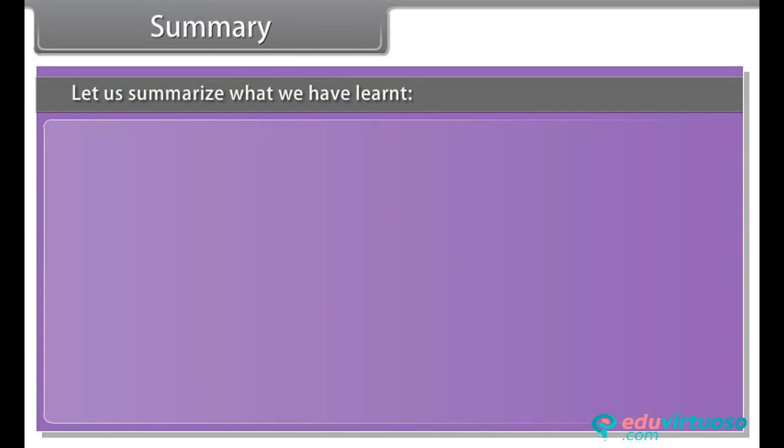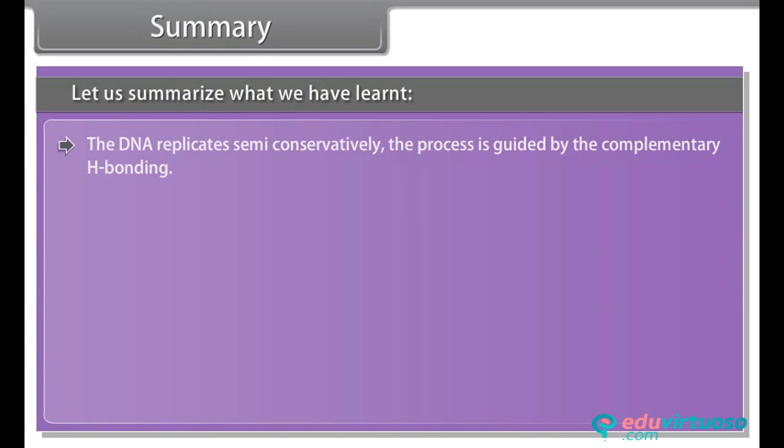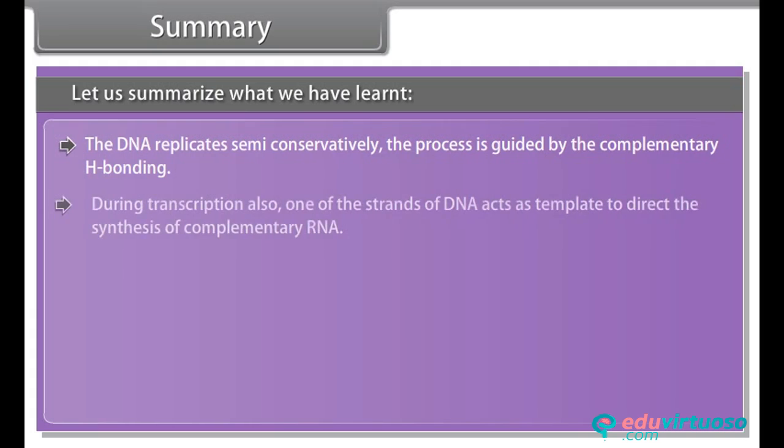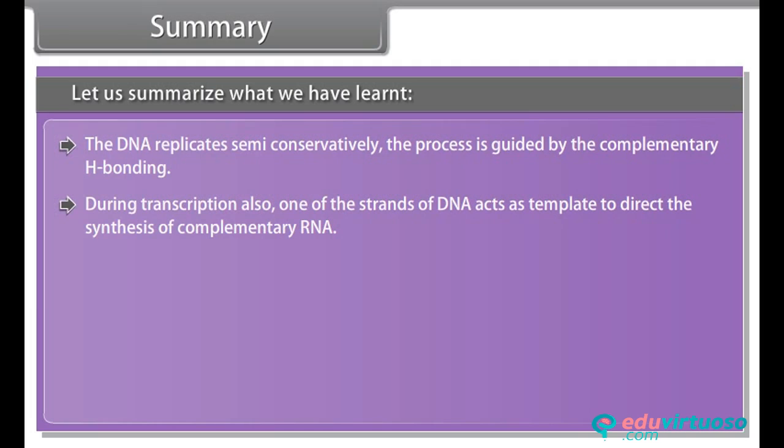Summary. Let us summarize what we have learned. The DNA replicates semi-conservatively. The process is guided by the complementary H bonding. During transcription also, one of the strands of DNA acts as a template to direct the synthesis of complementary RNA.